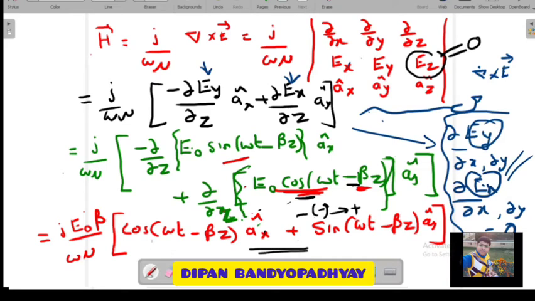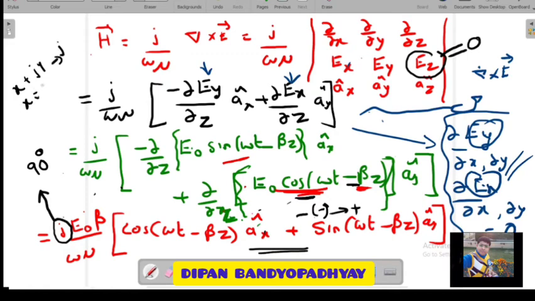So this is your H, and what you can do further is, since we have a j here, j basically gives a phase difference of plus 90 degrees. Say x plus jy. Here we have only j, right?